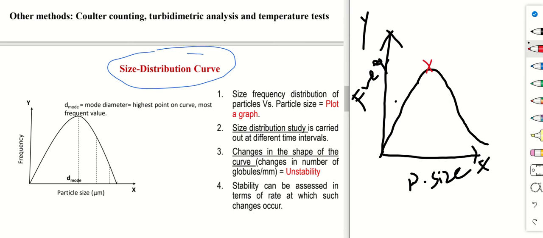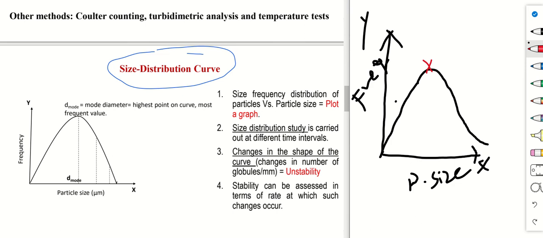Now, what is the importance of plotting this graph? Consider a newly formulated emulsion. Take a sample, check for the particle sizes and the frequency, and draw a size distribution curve for that point in time.